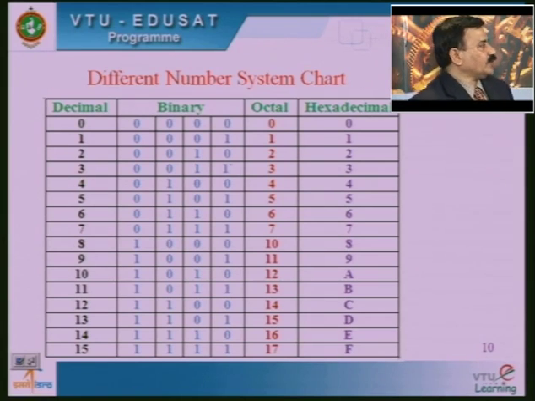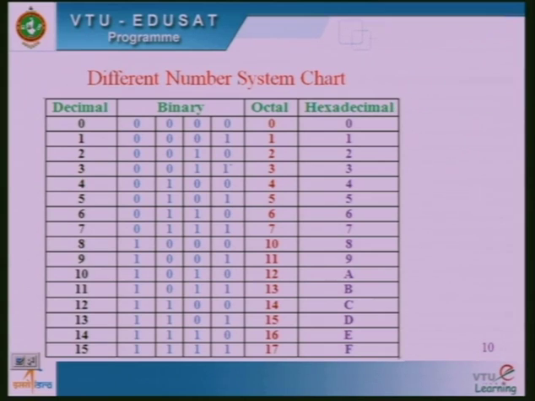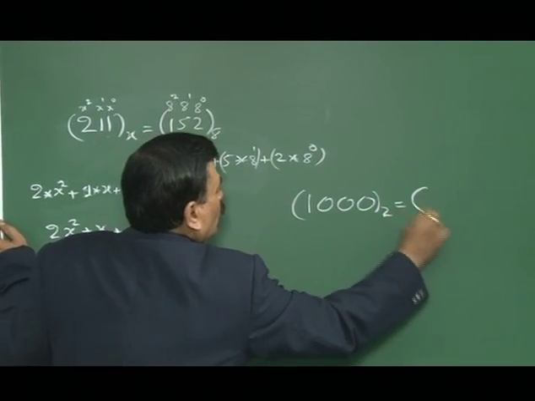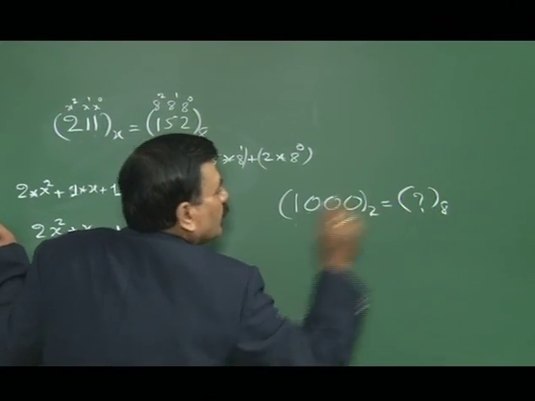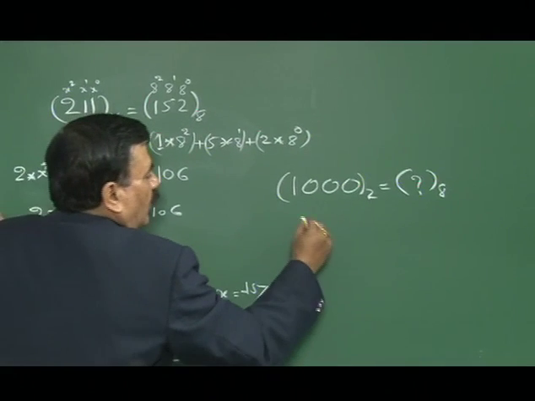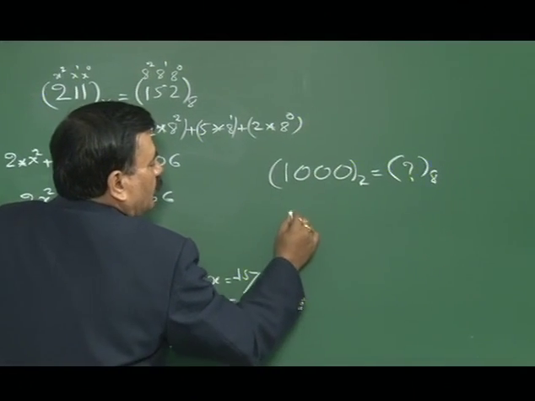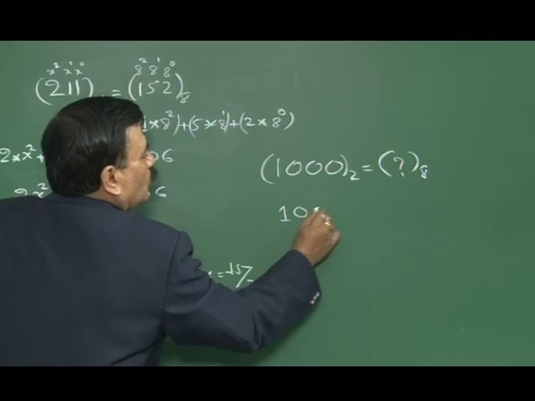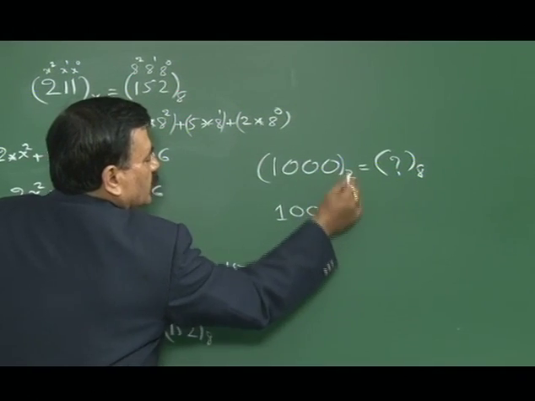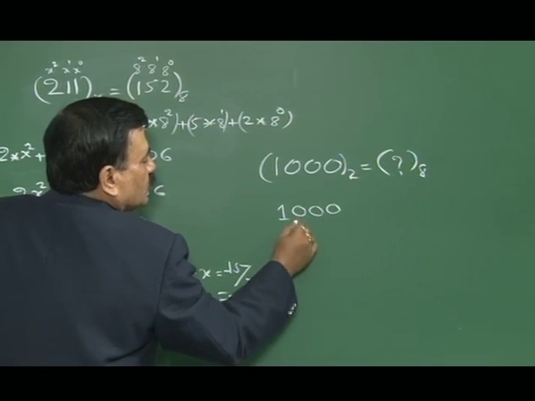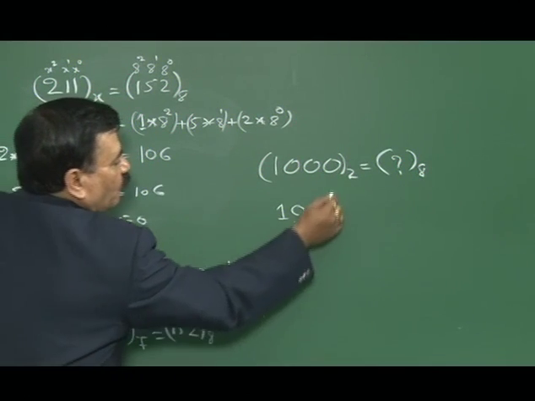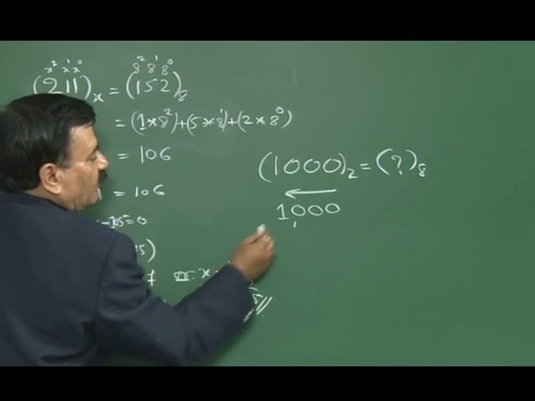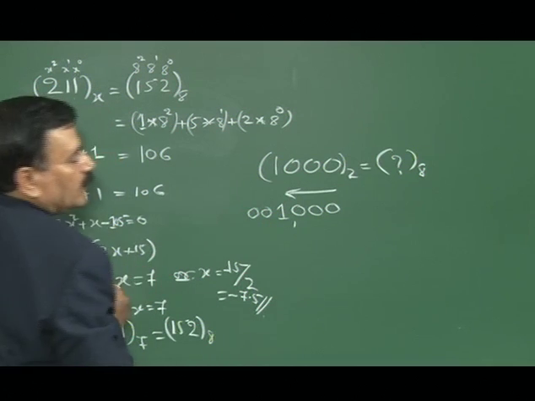Now if I write 1000 as a binary number, what is it in octal? According to our procedure, we mark this as 0 0 0. Now the radix point is not available, so I have to make groups of 3 numbers from right to left. Here I have to add 2 zeros.